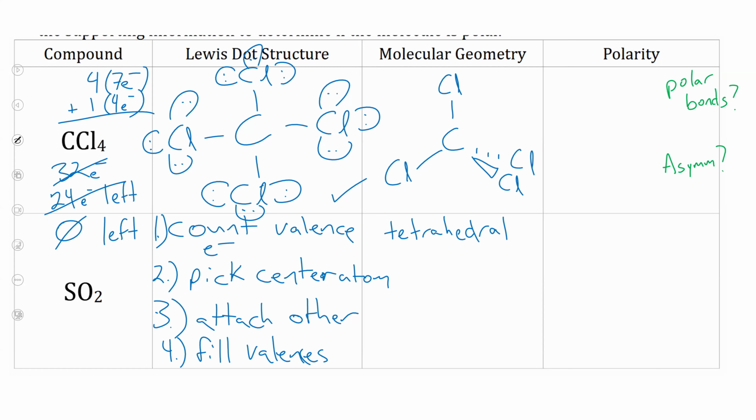So carbon to chlorine, if you check your electronegativities on your conversion sheet or on your periodic table, is a difference of 0.5 or is it 1? It's 0.5, huh? Sorry, I forgot to give you more on that chart. So it's a little bit more than 0.5, which means we do have polar bonds.